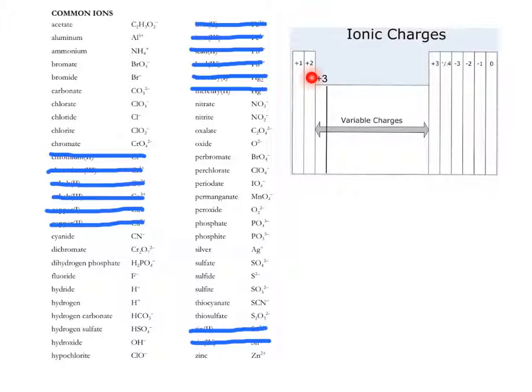Group 2 will lose 2 electrons to form a +2 ion. And so there's a lot of elements where we can just predict what the charge is going to be based upon its location on the periodic table. If you don't have these charges labeled on your own periodic table, you might want to go ahead and do that now to make your job a little bit easier. And so with this knowledge, we can cross off several more elements that we're not going to have to study.